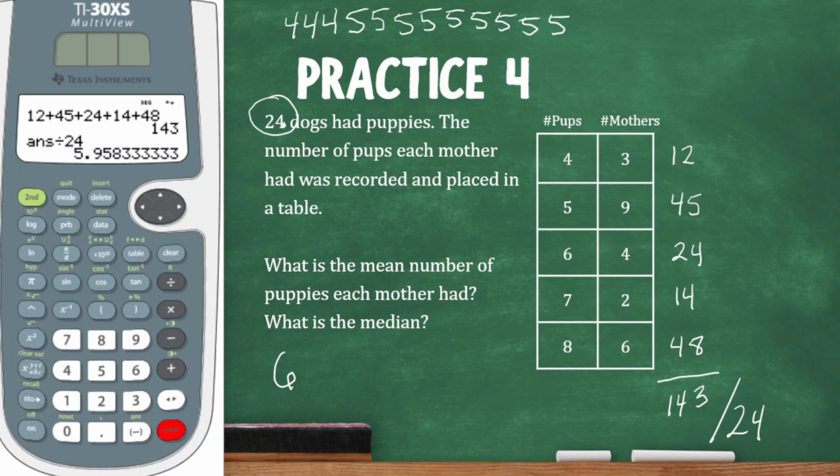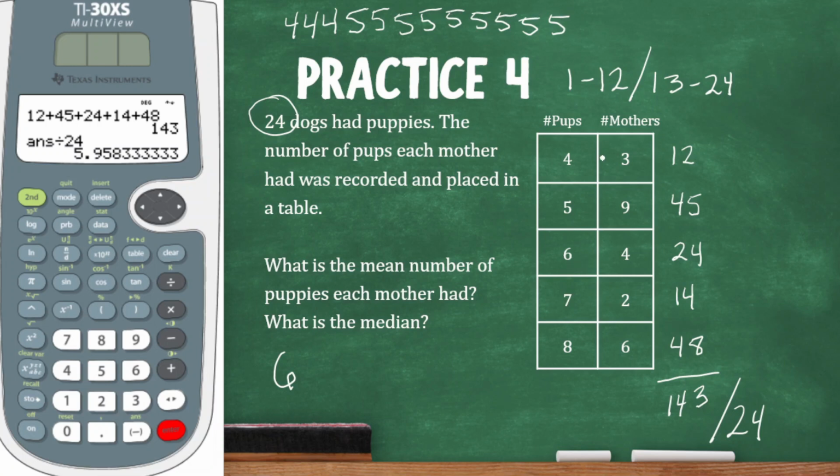But we know that half of 24 is 12. So if we divided these numbers into 2 halves, our first half would be the 1st through the 12th numbers, and then our second half would be the 13th through the 24th number. We could just go ahead and count what we've listed out and see if we get to the 12th number here. 1, 2, 3, 4, 5, 6, 7, 8, 9, 10, 11, 12.